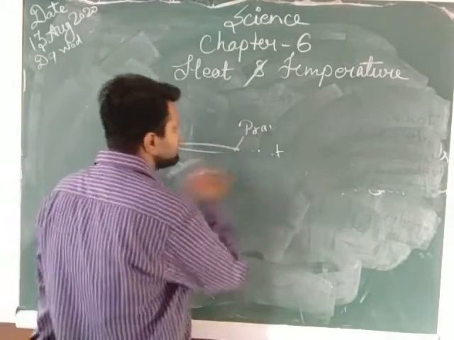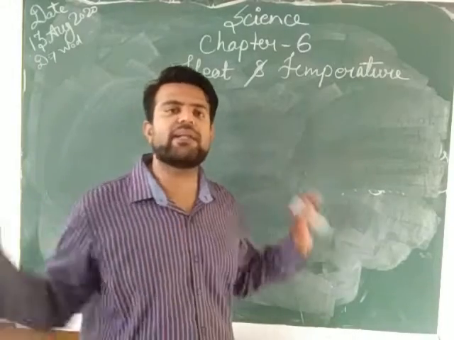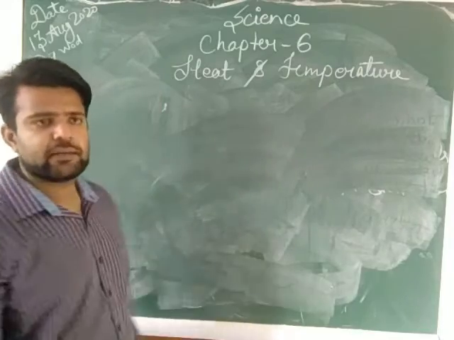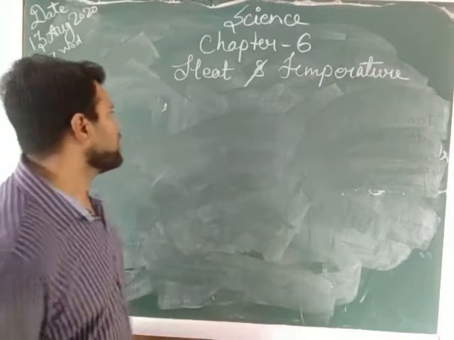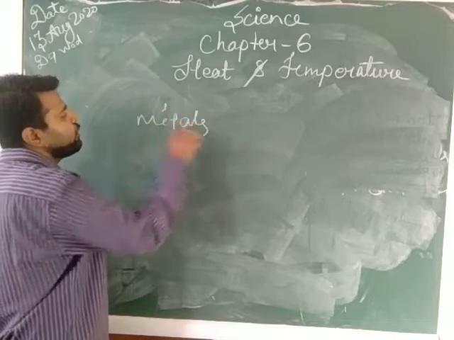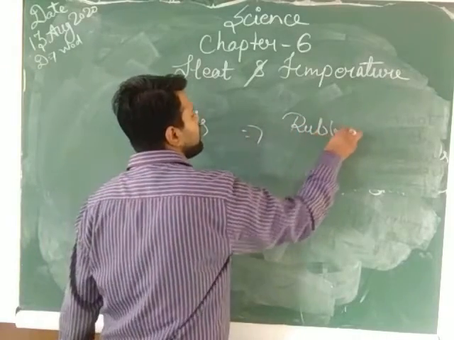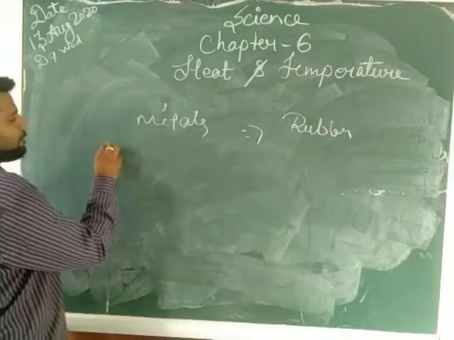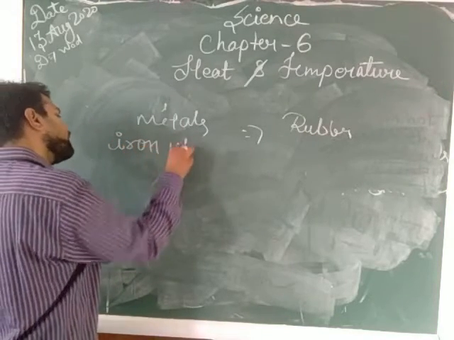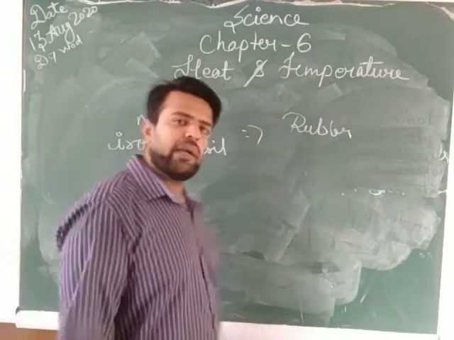Now my dear student, do all substances conduct heat? I think not. Some conduct heat, for example, all metals conduct heat. But what happens if we keep a rubber? When we keep an iron utensil on a burner, it becomes hot.